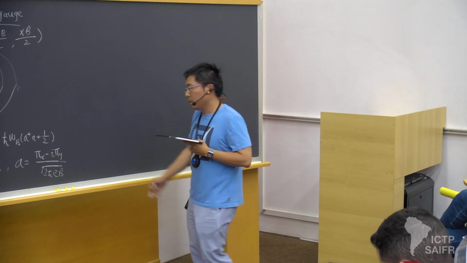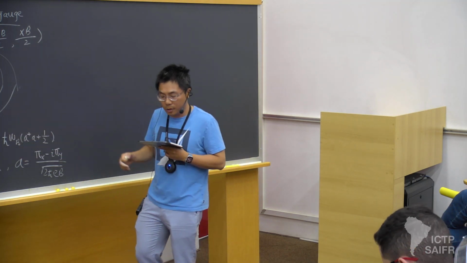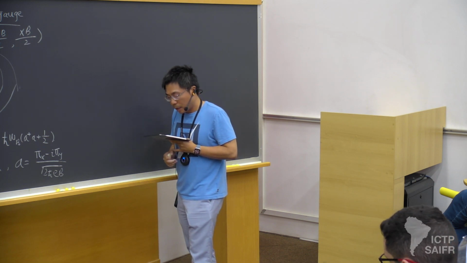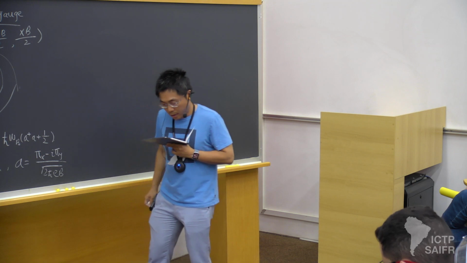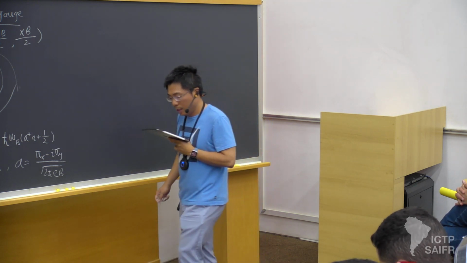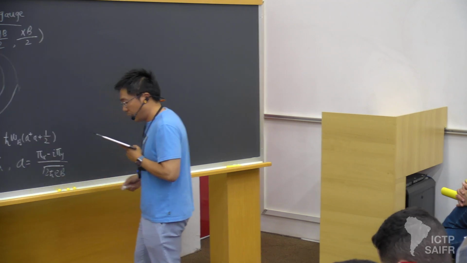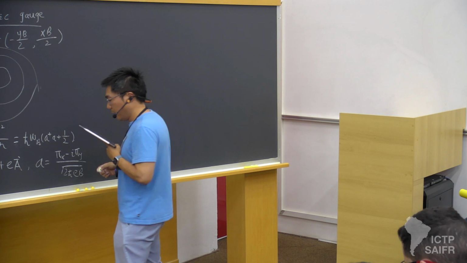Through this you can easily get the energies of each Landau level, but you don't know the degeneracy. In this symmetric gauge, actually we can say something about this degenerate state.